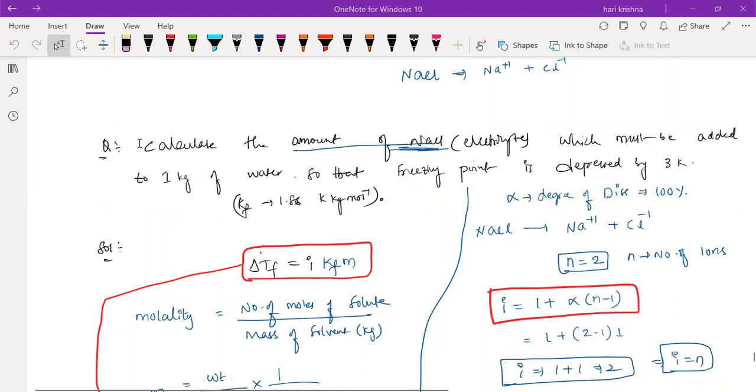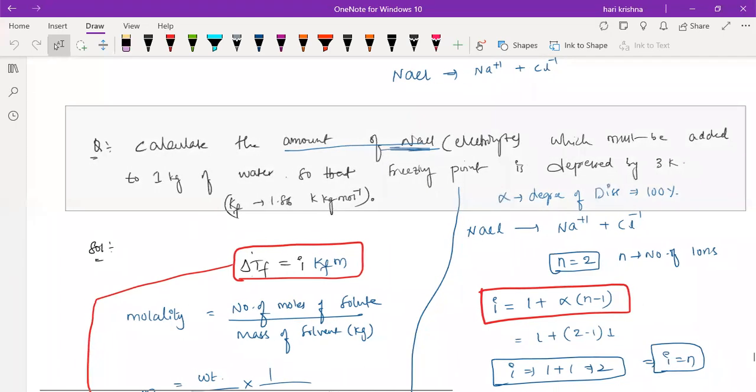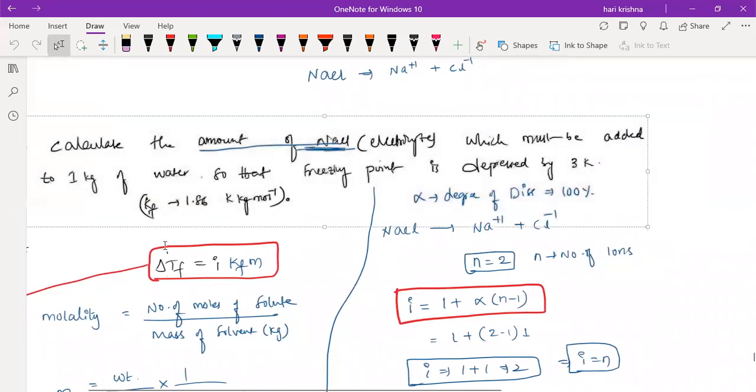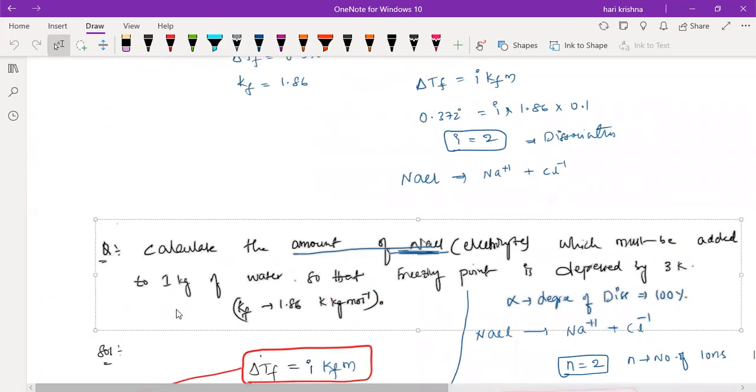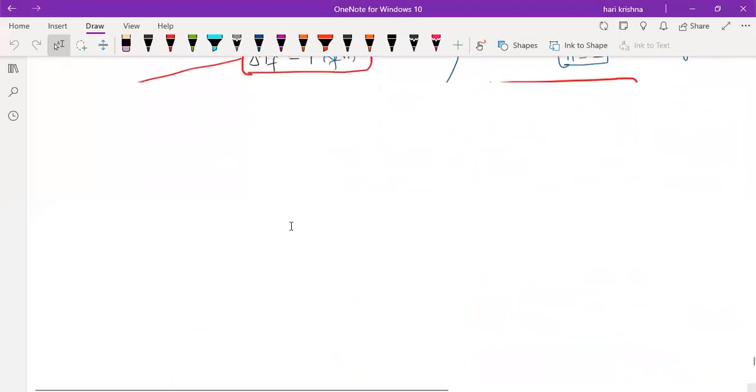So what they're asking here first. This problem is very important for the board also.